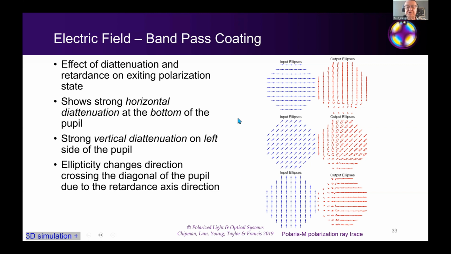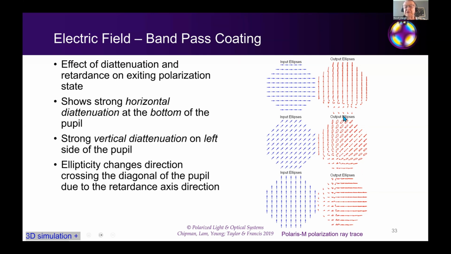And so here we show if we send in horizontal polarized light in the exit pupil, these are the polarization ellipses, which are all close to vertical. The arrows indicate the phase. There's a bunch of wavefront aberration. But the case we just looked at was the 45-degree polarized light. And there, one side of the pupil is vertical, one side of the pupil is horizontal, another side of the pupil is at 45 degrees.